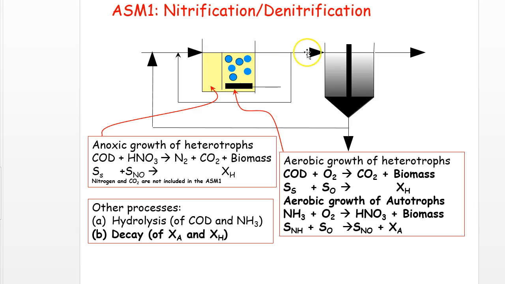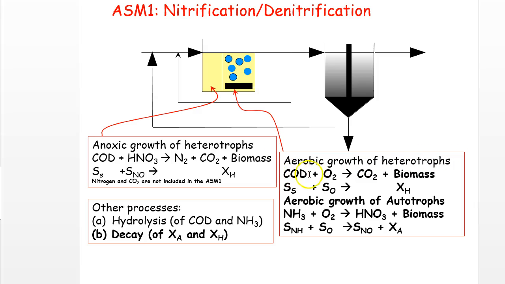And then the flow out is separated by sedimentation and biomass is returned. There is also a returned flow from the aerobic to the anoxic zone to bring the nitrate generated there back.